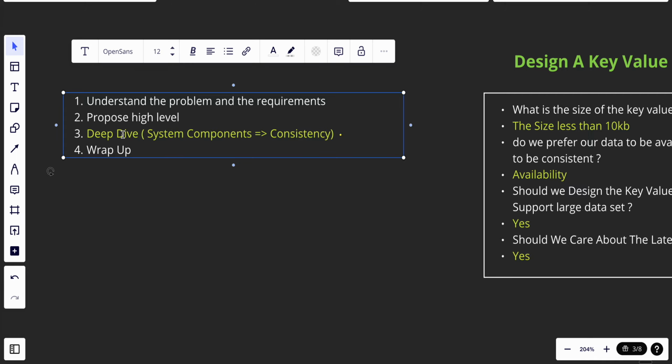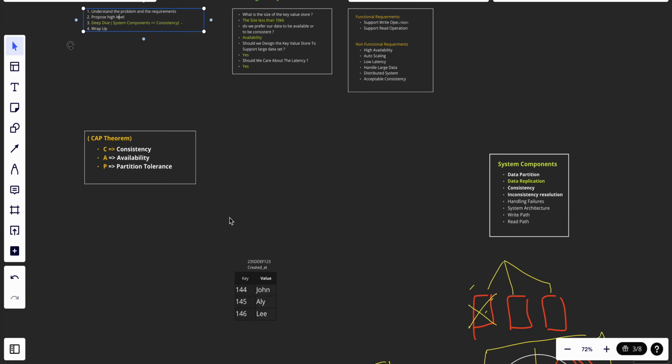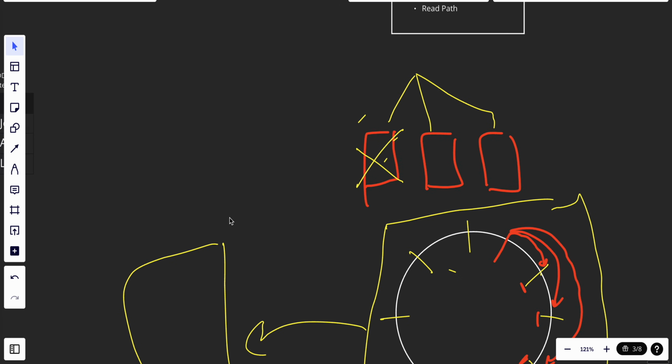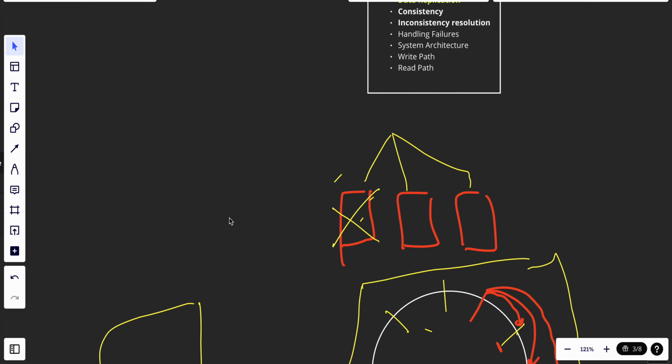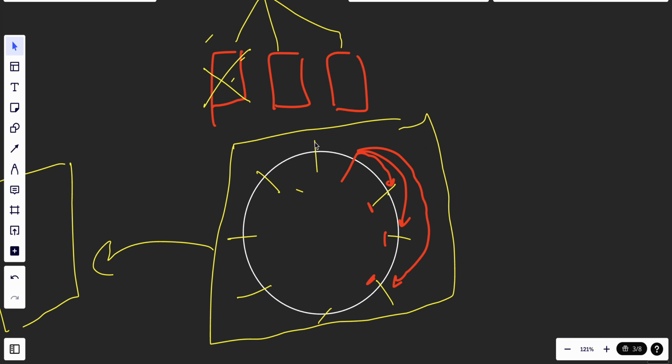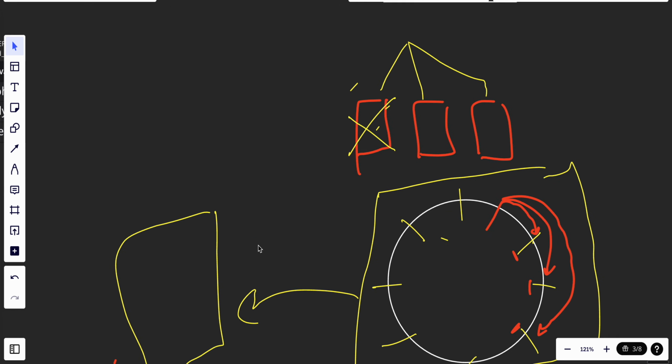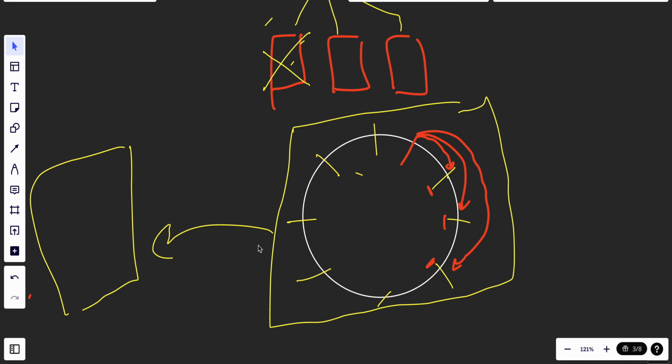When we talk about the deep dive, we said that our data is big and we can't store our data in one server, so we use something called sharding, or data partitioning.